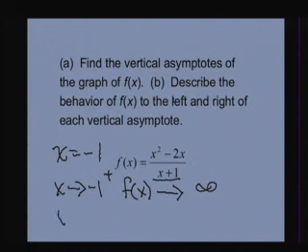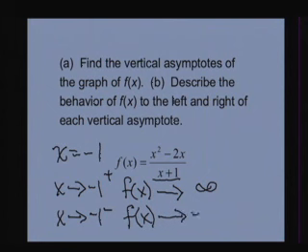And if we look at x going towards negative 1 from the negative side, then f of x is going to go to negative infinity. And so that's the behavior we have at the vertical asymptote of x equals negative 1.